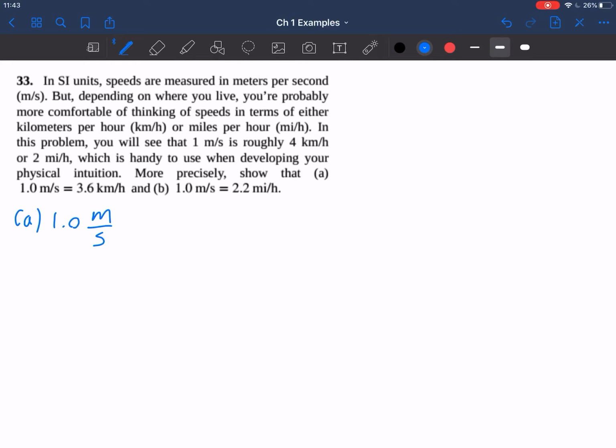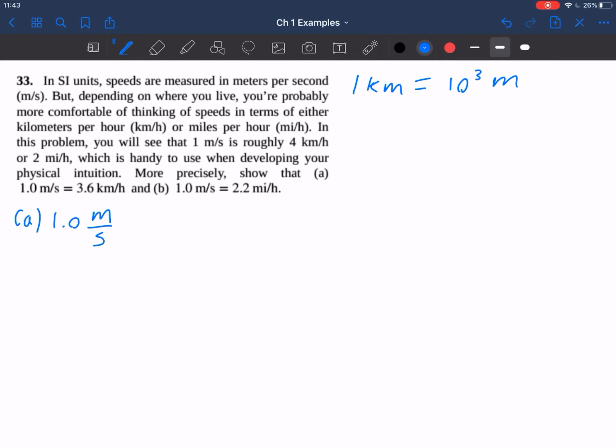Right, so first I need to think about how many meters there are in a kilometer. There are 1,000 meters in a kilometer, or 1 kilometer is equivalent to 10 to the 3 meters. Okay, and I want to take this conversion factor and turn it into a ratio.